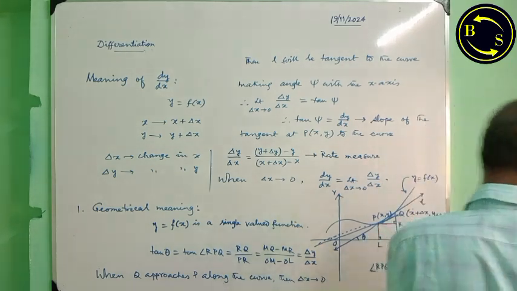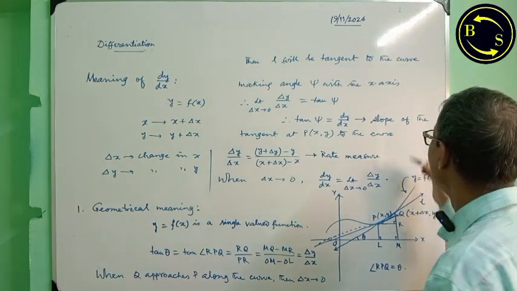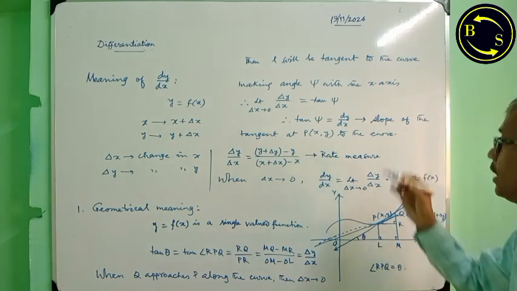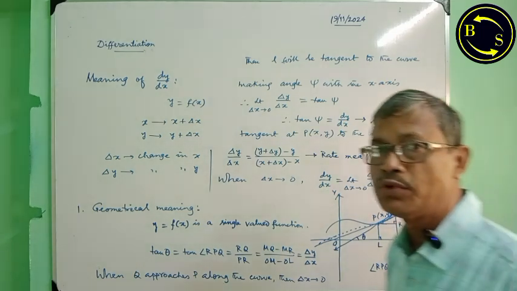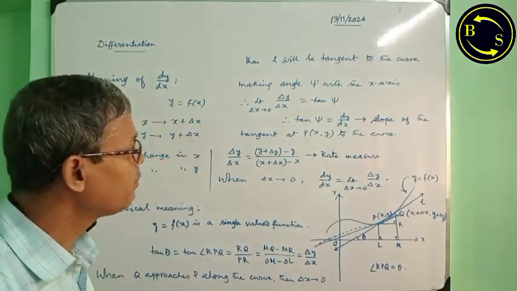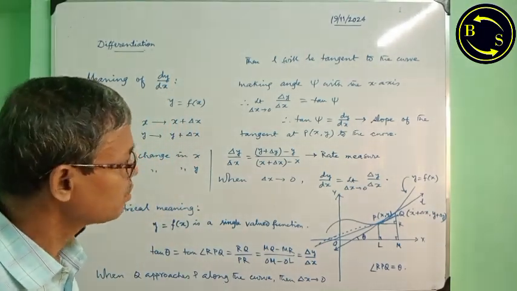Let us repeat. Therefore, the geometrical meaning of dy/dx is the slope of the tangent to the curve y equal to f(x) at the point (x, y).